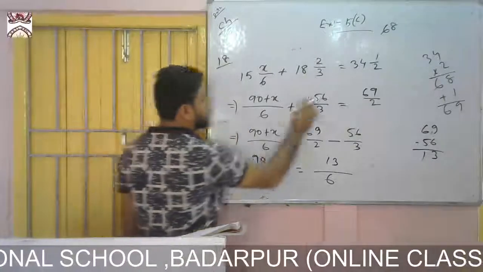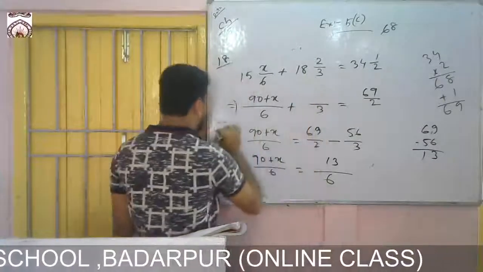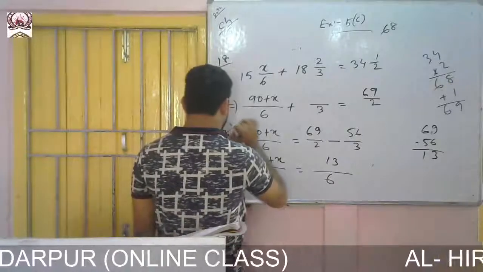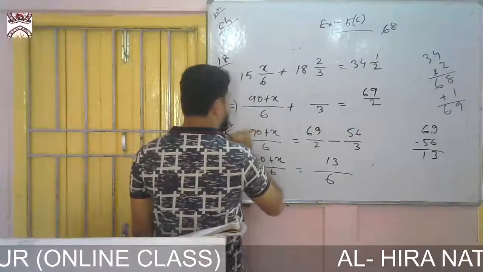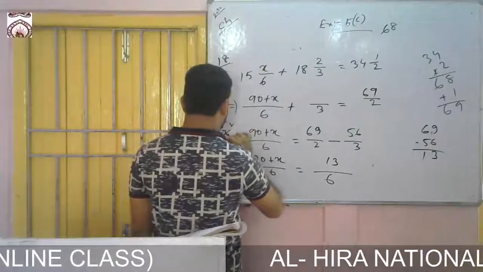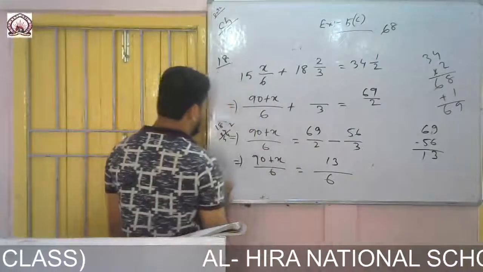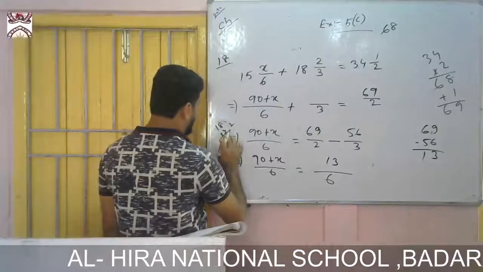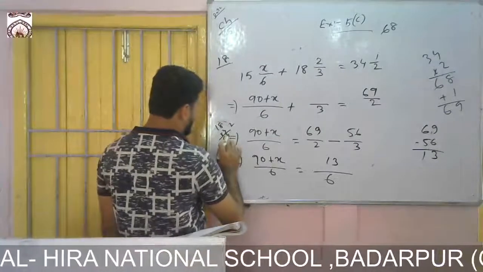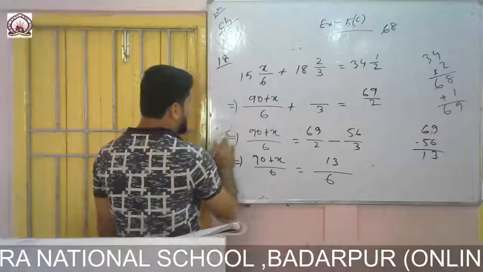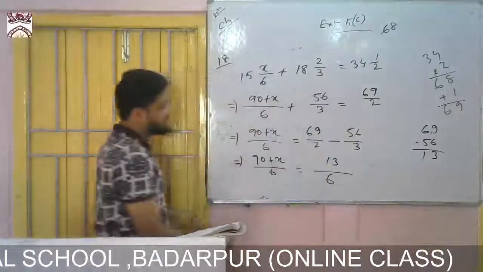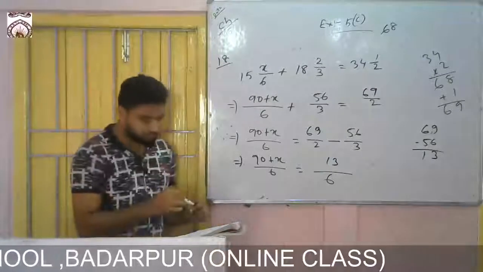Yes, here wrong I think. Again, 18 into 3, how much coming? Fifty-four. 54 plus 2, it is what? 56. This correct. Okay.